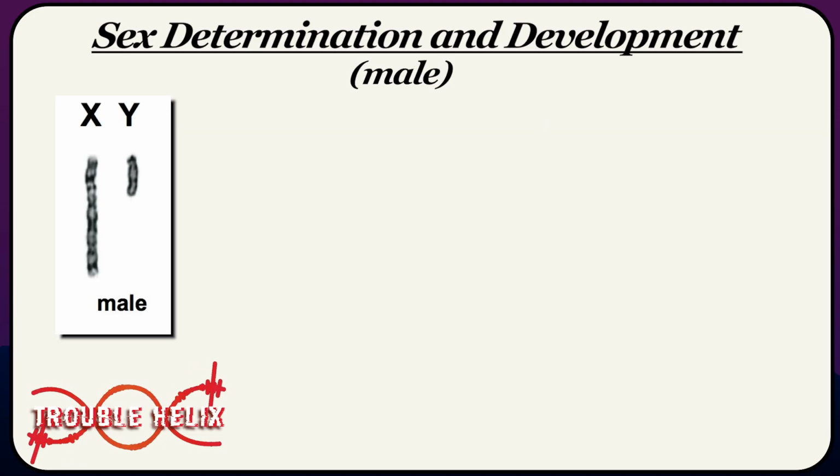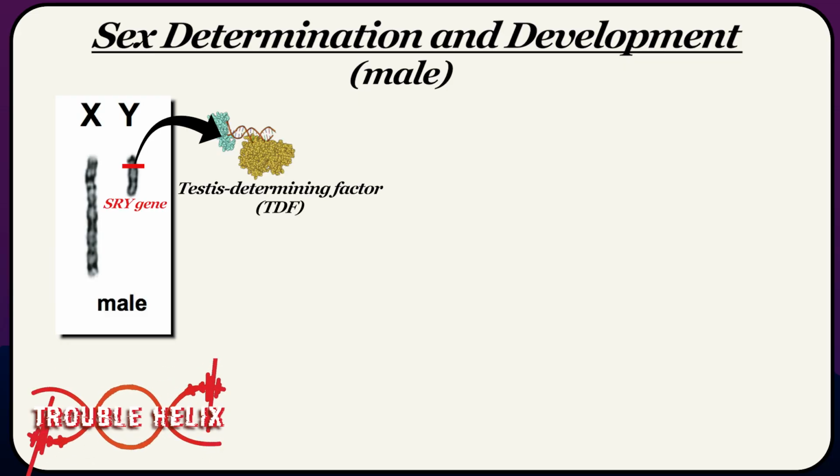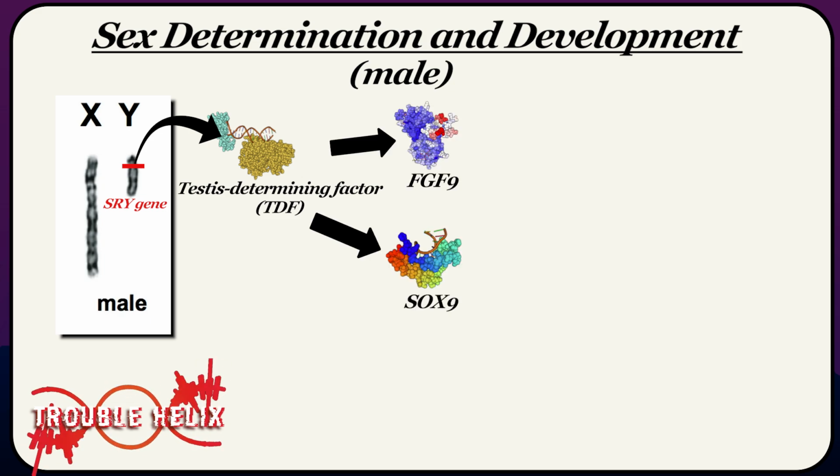If a Y chromosome is present, then so is the SRY gene, which encodes a protein called testis determining factor. This protein initiates and orchestrates male development and will activate some other genes that aren't even on the sex chromosomes, like FGF9, which is on chromosome 13, and SOX9, which is on chromosome 17.